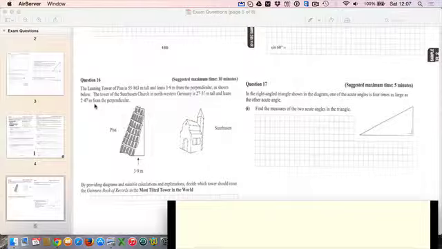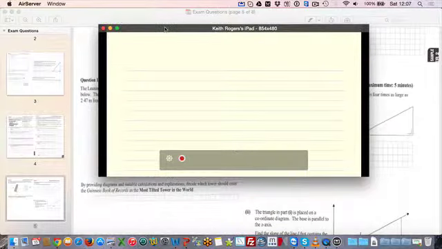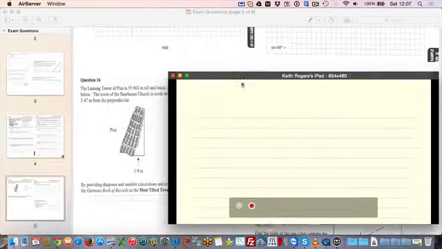How tall is it? 27. It's 2.47 by 27. It doesn't matter if you don't finish it; you're all going in the right direction.